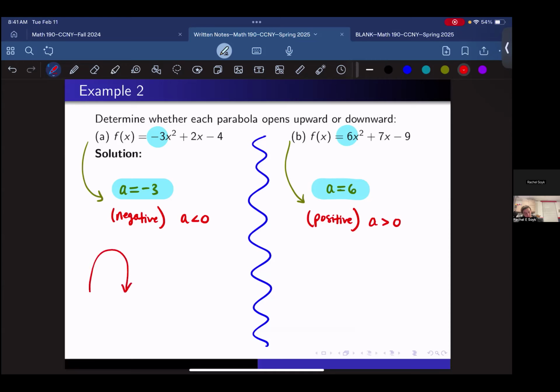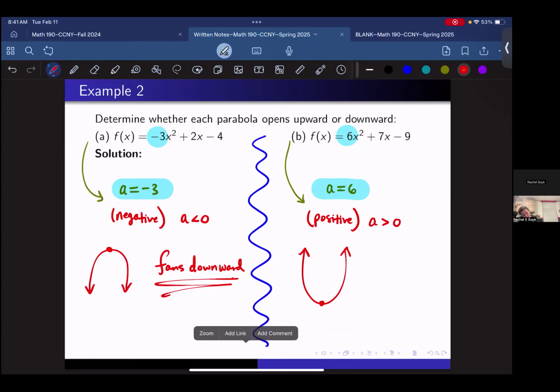We have an upside down parabola, so it fans downward. Whereas when our A is positive, we have a right side up parabola, which means we have it fanning upwards. And then we're done.